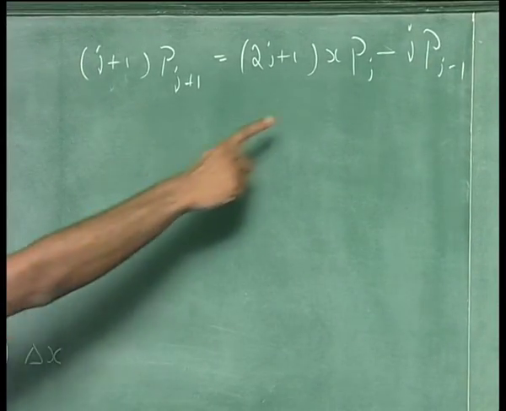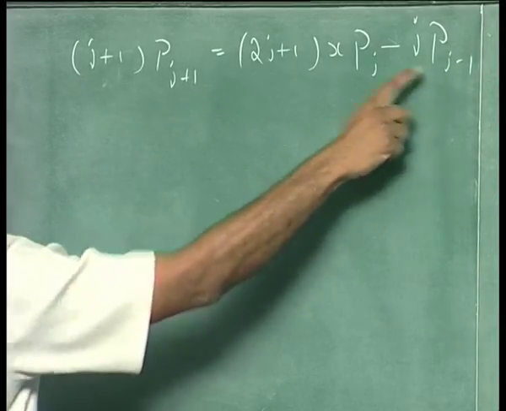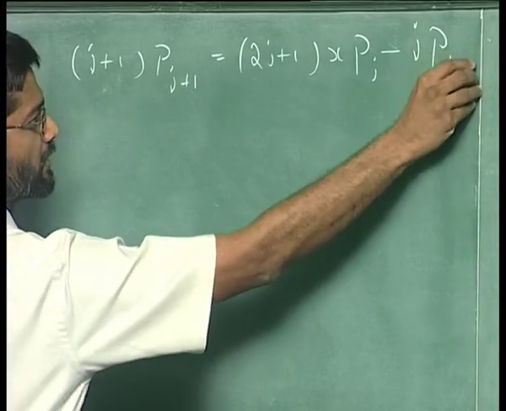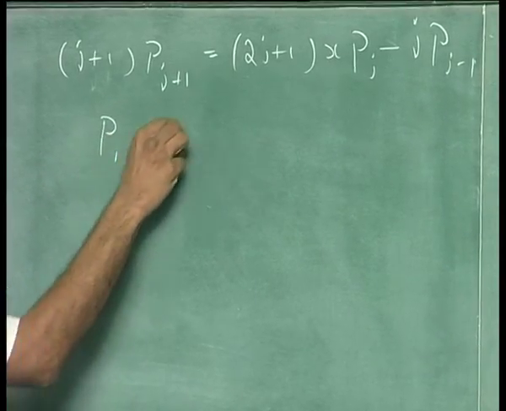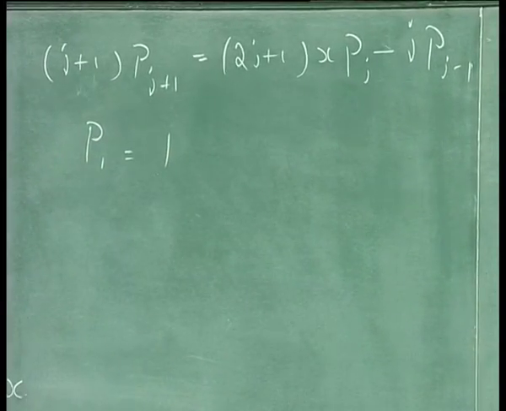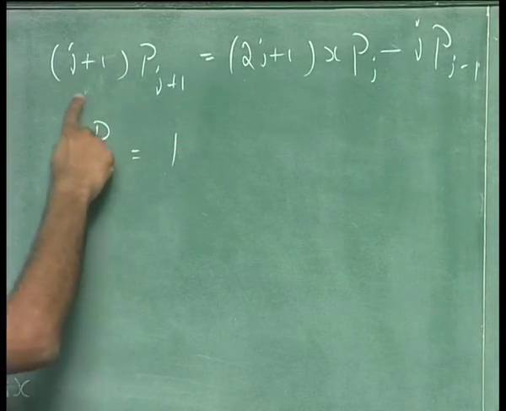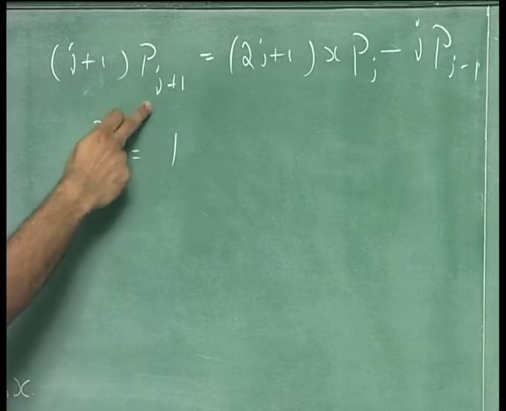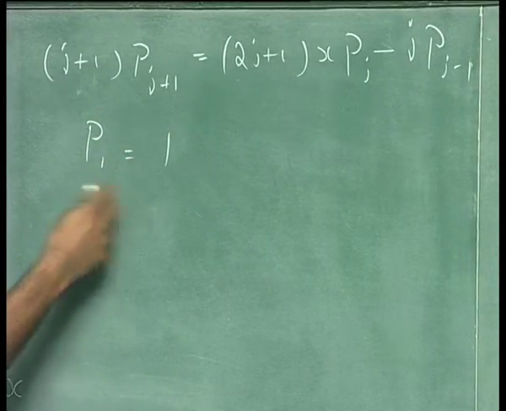It connects the jth order polynomial with the j plus 1th order and the j minus 1th order polynomial. This is a relation which we can use, and we know that p of 1 is 1. That's also something which we'll use. Then we'll start from this and compute any polynomial of any order you want at any value x. So p of 1 is 1 for all x values.